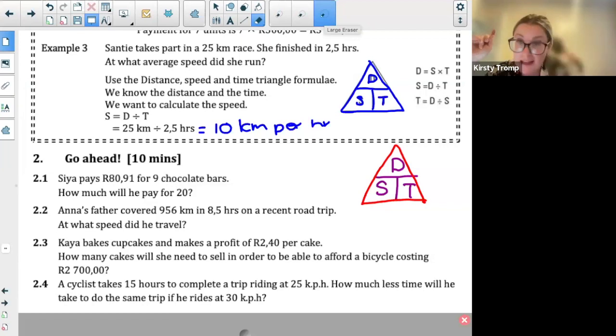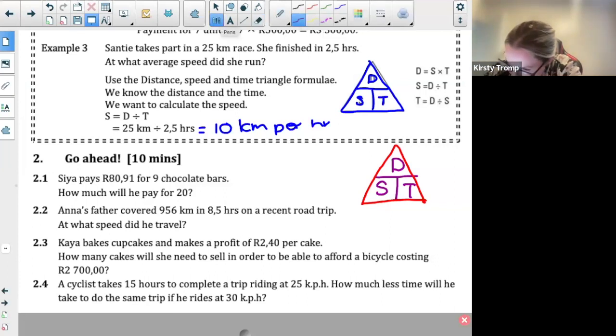And finally, a cyclist takes 15 hours, so time, to complete a trip riding at 25 kph, and now you might not have seen this definition before. kph means kilometers per hour.